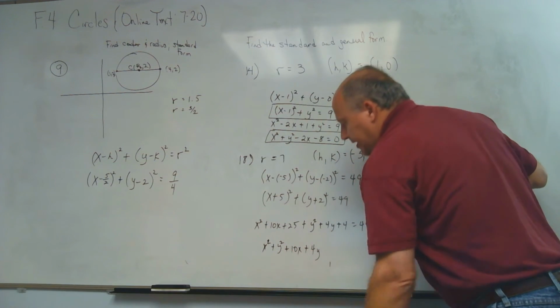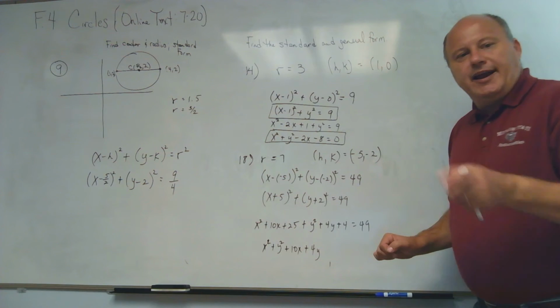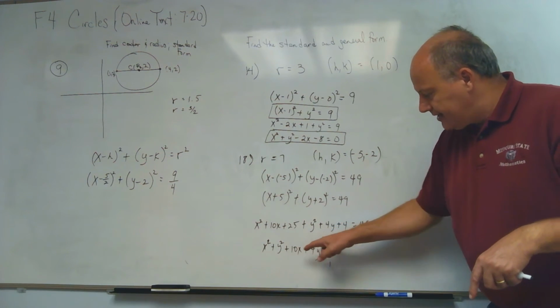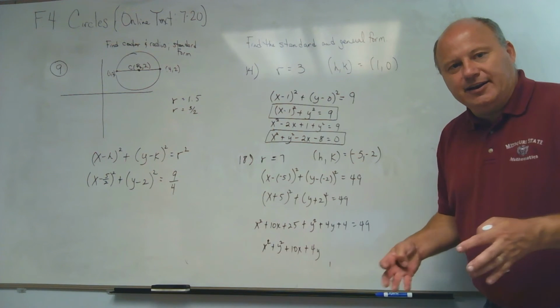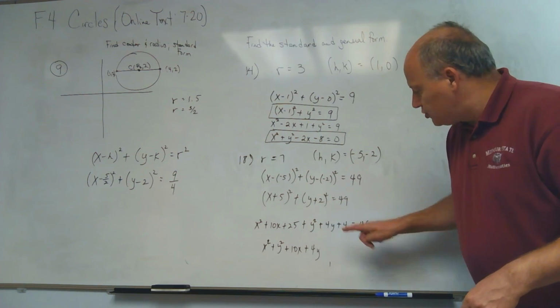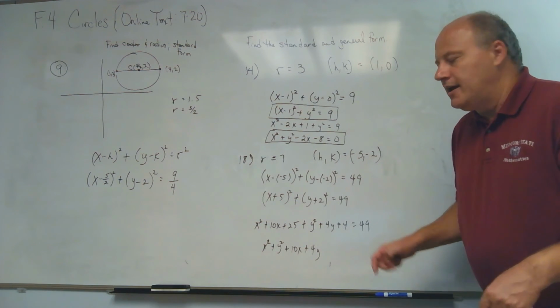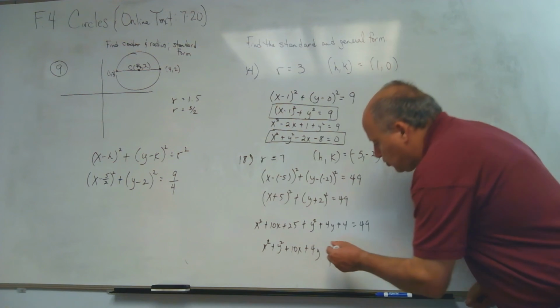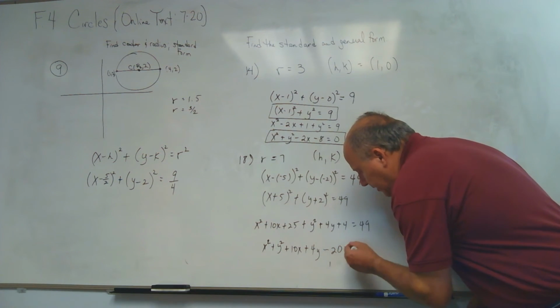Notice what I'm doing: x squared before y squared, x before y. And then it's just a matter of collecting all of the constants. So 25 plus 4 is 29. And then subtract 49 from 29, that's 20. So it's minus 20 equals 0.